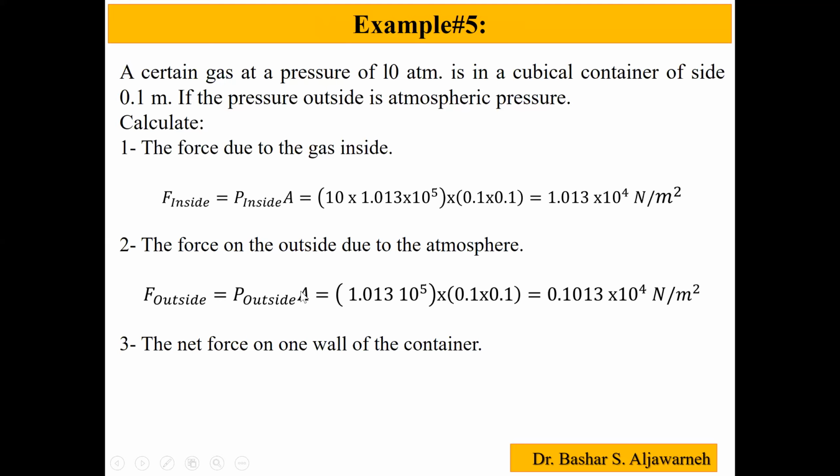Third, what is the net force on one wall of the container? So technically we are going to calculate the difference between the forces inside and outside. In other words, F net, which is F inside minus F outside.